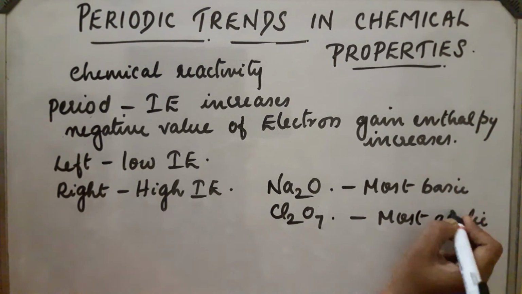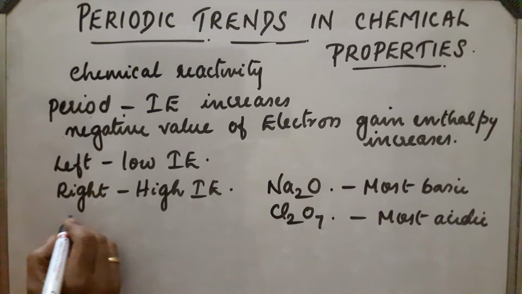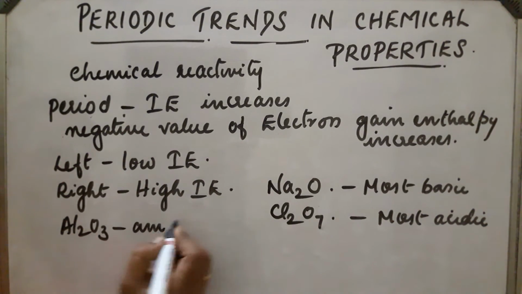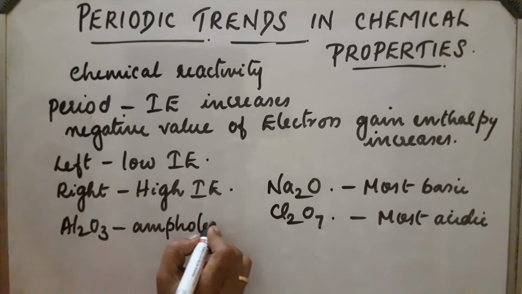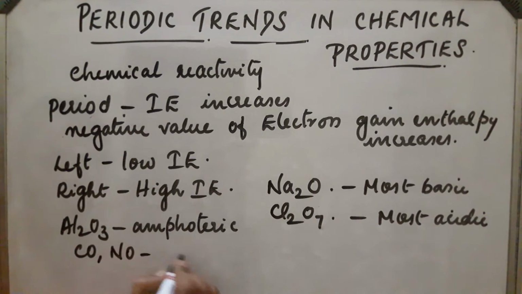The compounds in between, at the center, are called amphoteric. For example, Al2O3 is amphoteric, or they may be neutral. Examples: carbon monoxide, NO, these are neutral. These are the reactivity trends in the periodic table.